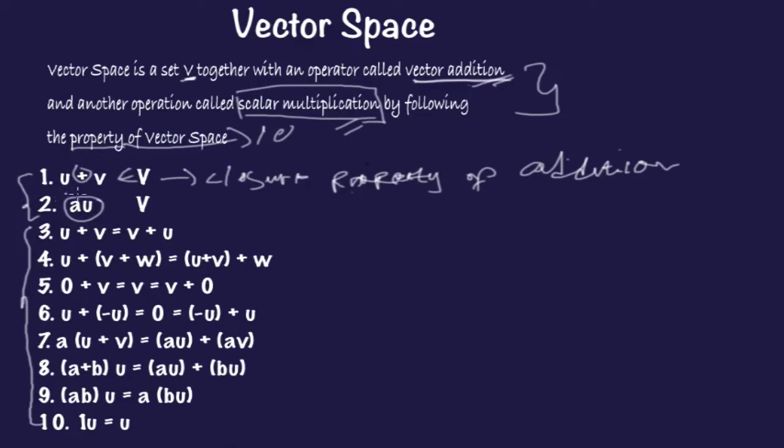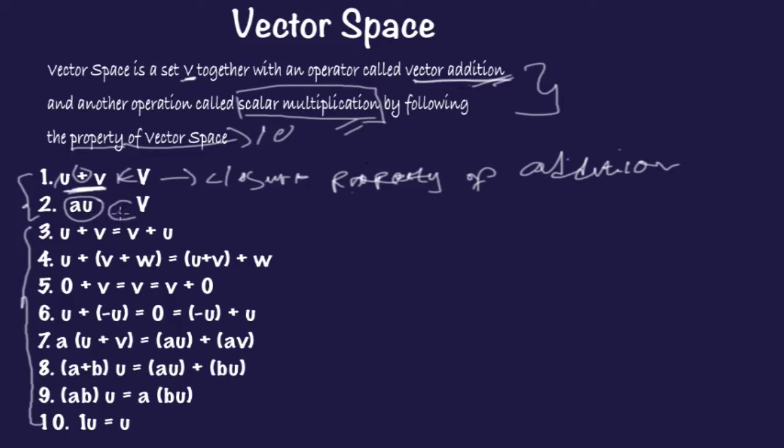So if you have any u or v, it can be operated by addition, and the result has to stay in the vector space. We will show you in an example to help you understand more about this.